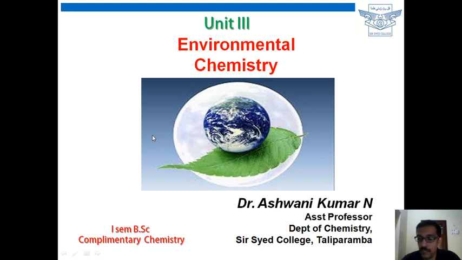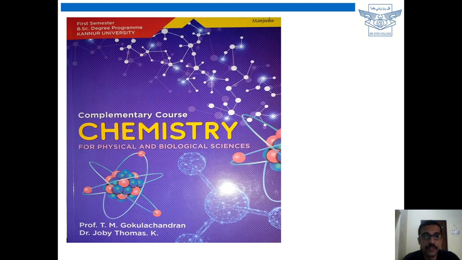Okay, so the textbook for you for this course is this one. This is a textbook, complementary chemistry course for physical as well as biological science. So all the physics, BSc, BSc botany, BSc forestry as well as BSc zoology students should get this textbook.